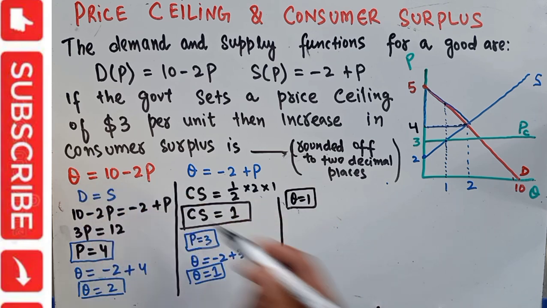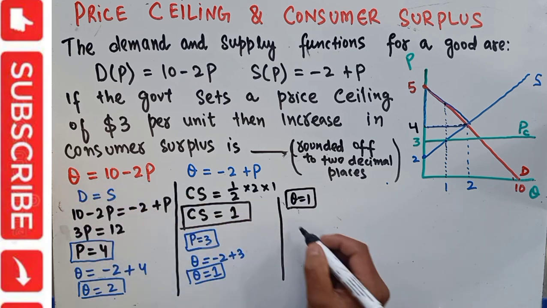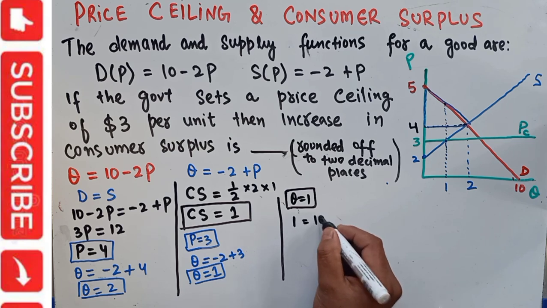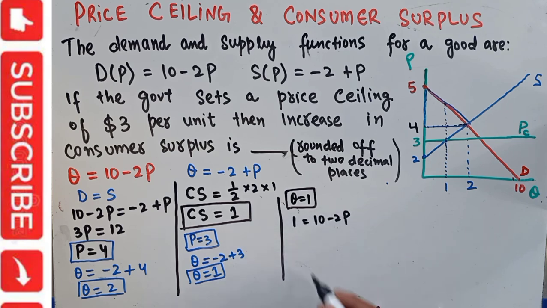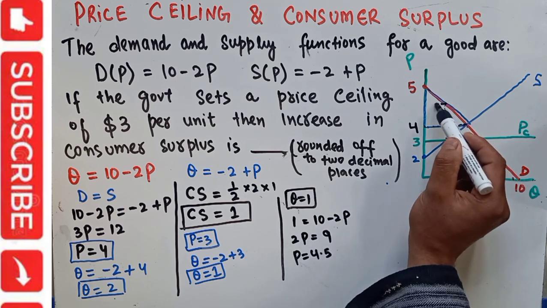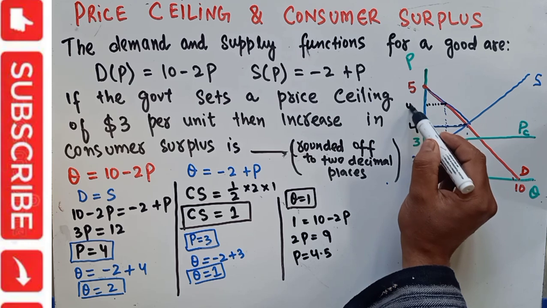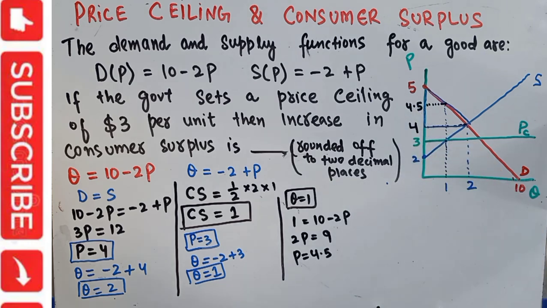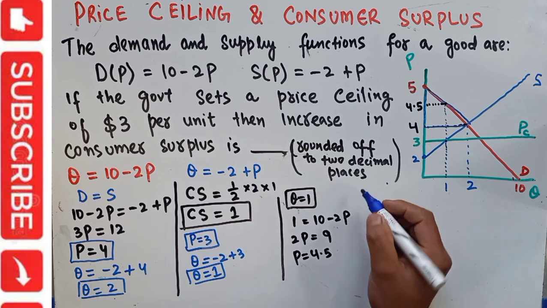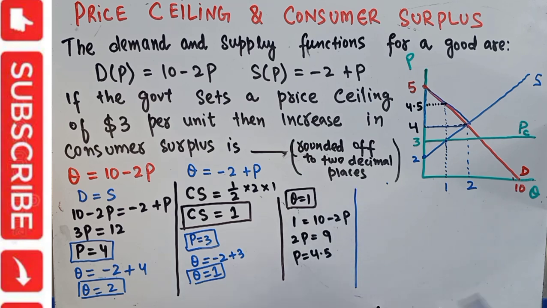So in place of Q, we have 1 is equal to 10 minus 2P, which gives us 2P is equal to 9, or P will be equal to 9 divided by 2, which is 4.5.